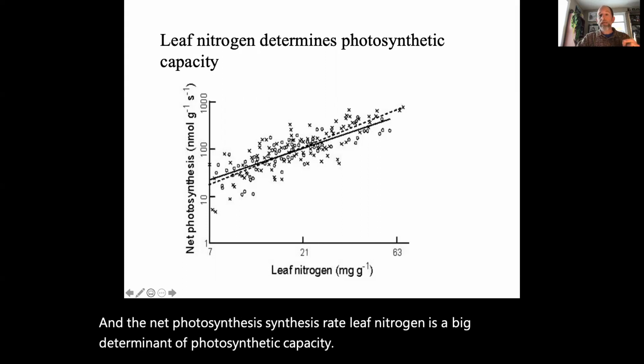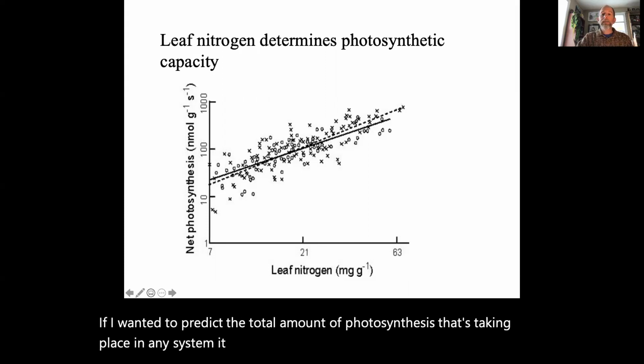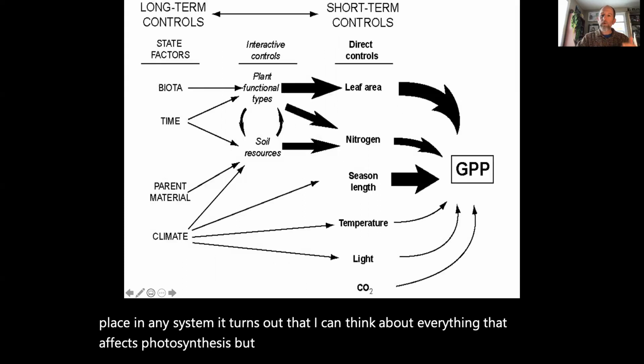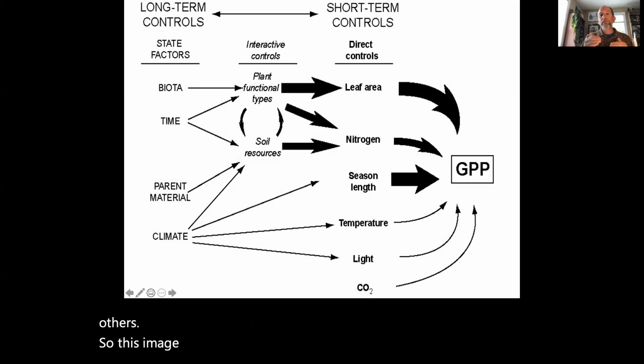If I wanted to predict the total amount of photosynthesis that's taking place in any system, I can think about everything that affects photosynthesis, but some things affect photosynthesis more than others. So this image gives us relatively different sized arrows for different effects on photosynthesis.